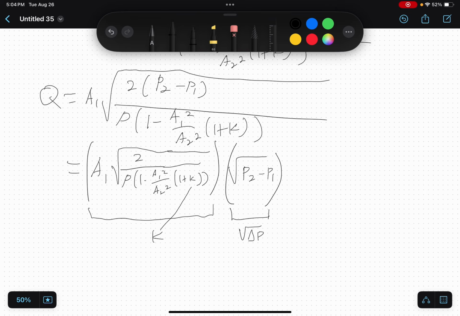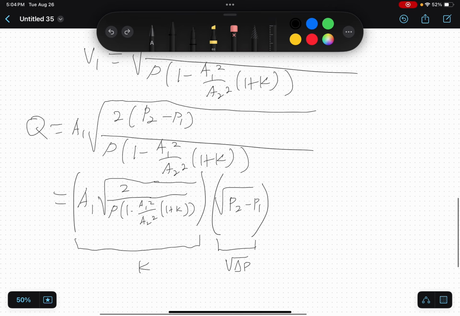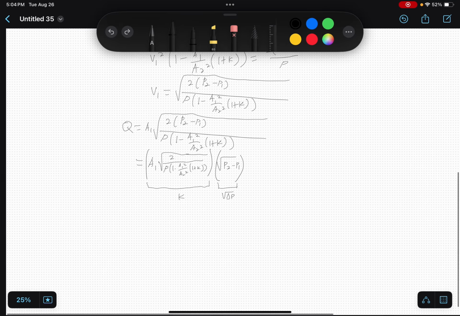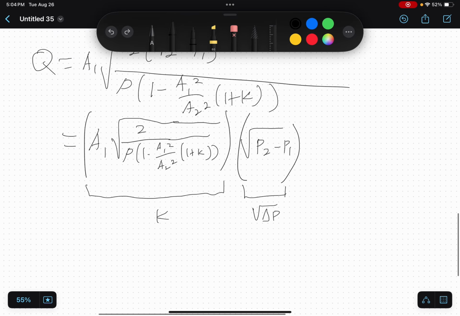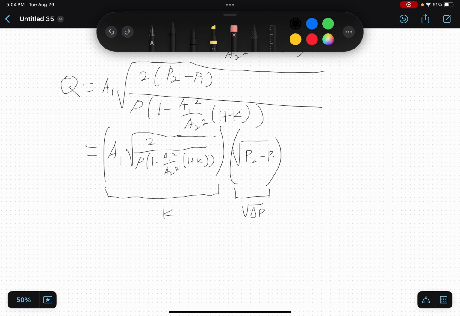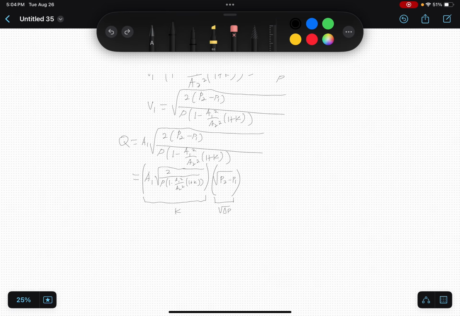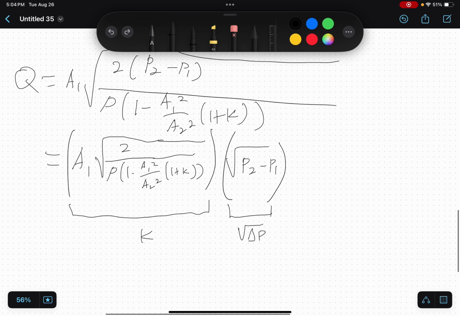Don't get these two K's confused. One of them is the Bernoulli loss, so this one's the Bernoulli loss, and this one down here is the flow orifice K. So the flow orifice K takes into account the Bernoulli loss K by default, as well as area ratios.